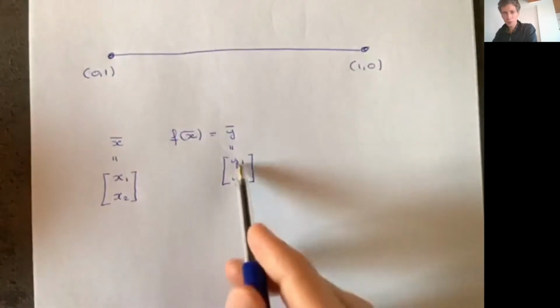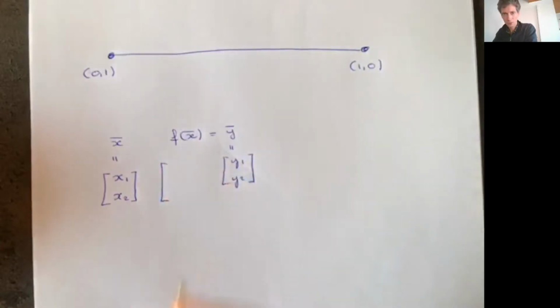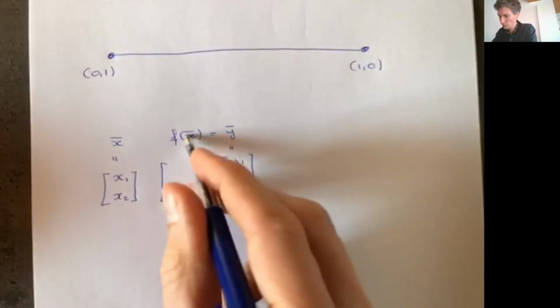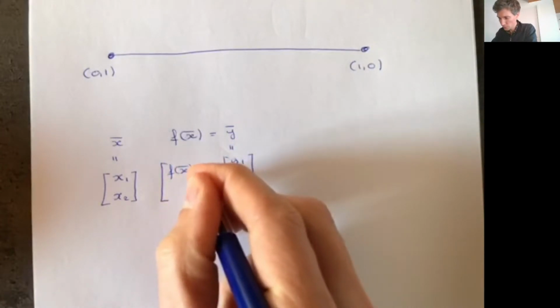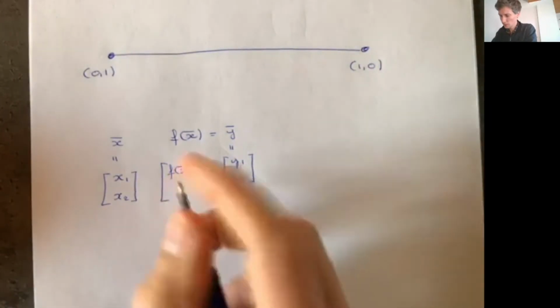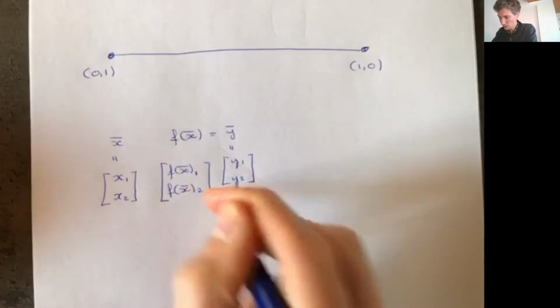So instead of y1 and y2, I will use shorthand notation. The first component of f of x, I will call f of x with the subscript 1. Okay, and the second component I will denote by f of x with the subscript 2.